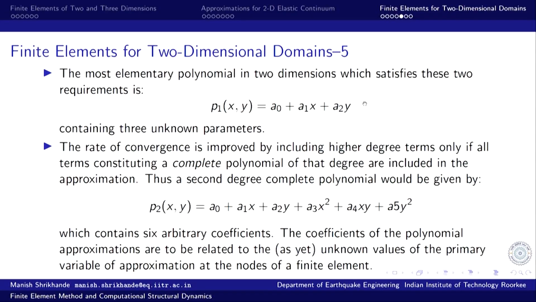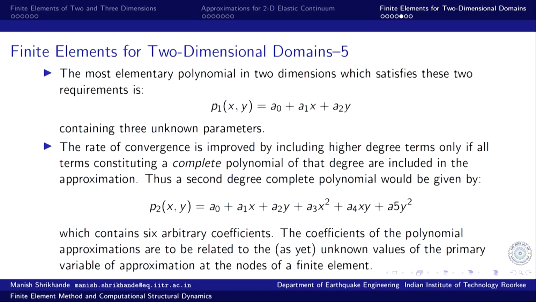So, if I want to converge quickly, then I need to incorporate higher degree terms in the approximation. The next higher degree which is complete is a second degree polynomial. So, I need to add second degree terms to the first degree terms that already exist.